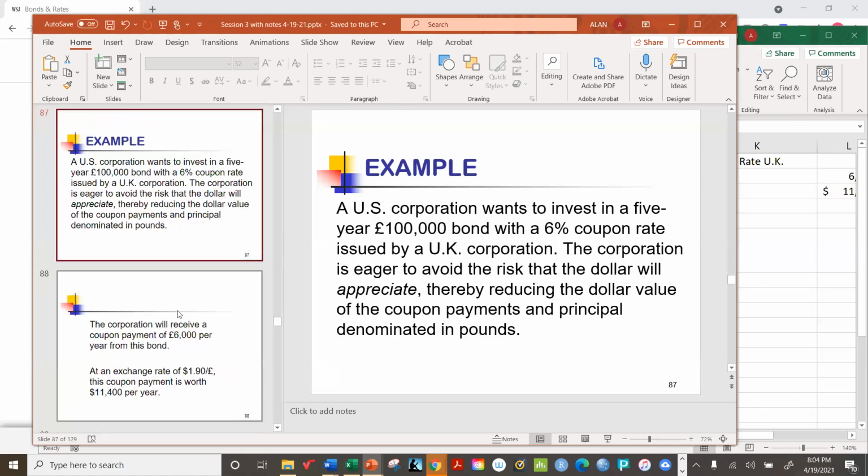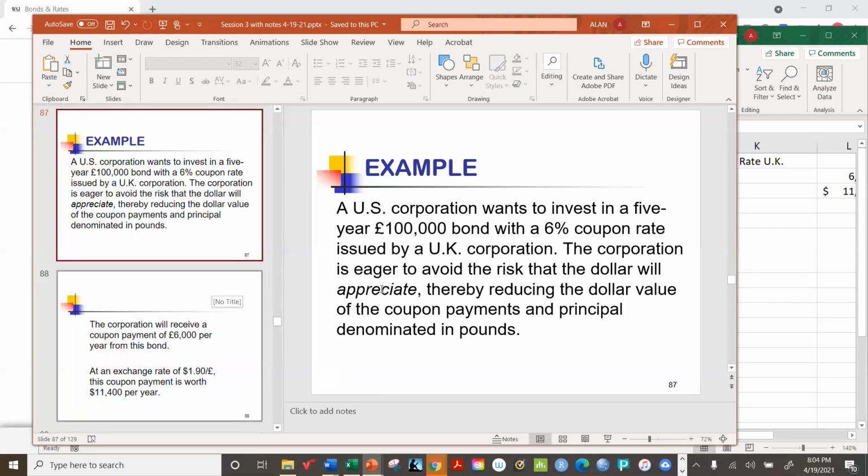So how does this work? A U.S. corporation wants to invest in a 5-year, 100,000 pound bond with a 6% coupon rate that's issued by a UK corporation. But we do not want to expose ourselves to any foreign exchange risk, of course. So that, if for example, the dollar were to appreciate while we were holding this bond, the dollar value of our coupon payments and principal would actually be reduced.